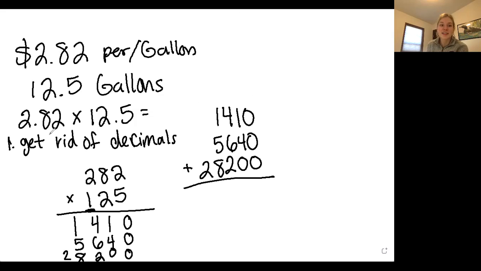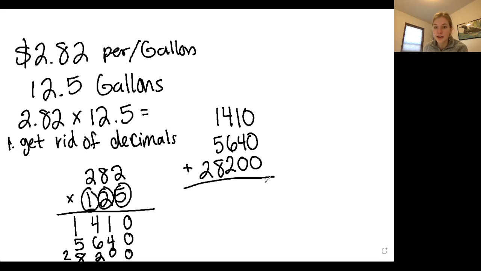So now our next step here is just to add all of these totals up together. Basically what we did was we just broke down this bottom piece into 3 separate problems. So we did 5 times 282, 2 times 282, and 1 times 282, as you can kind of see at the bottom there.